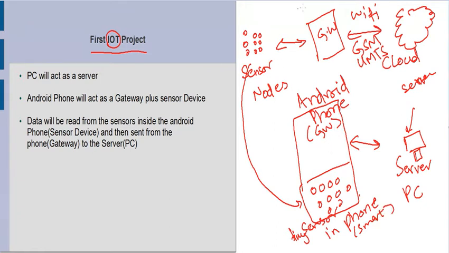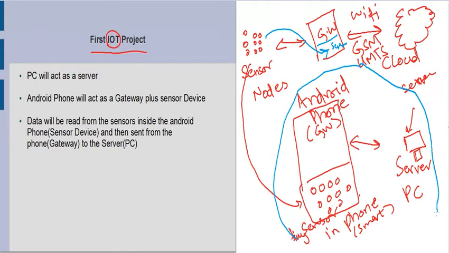So instead of the earlier model, we use the model in which the sensor devices are inside the gateway. Our sensors are here. We have already discussed this model as well, in which the sensor device is already located inside the gateway.